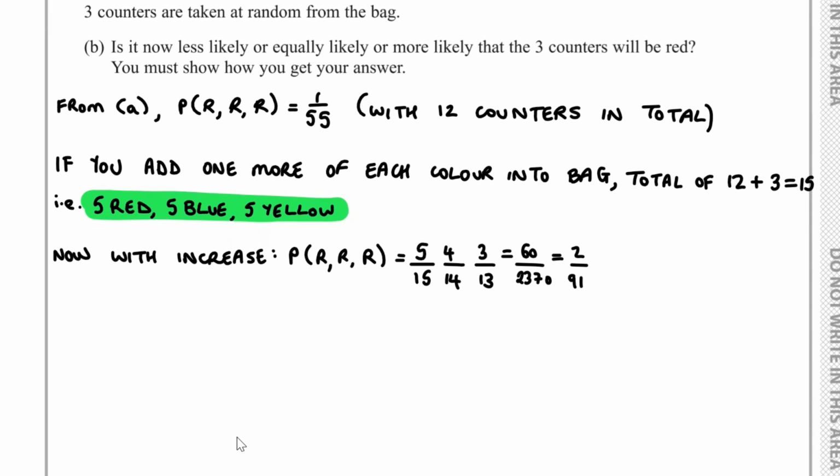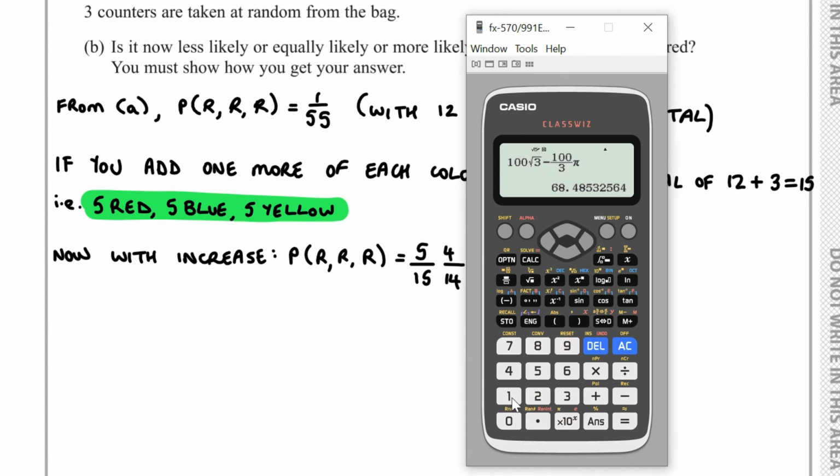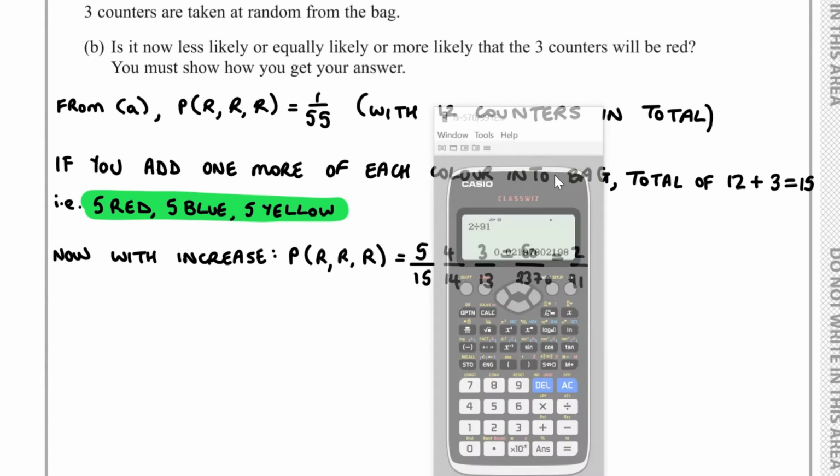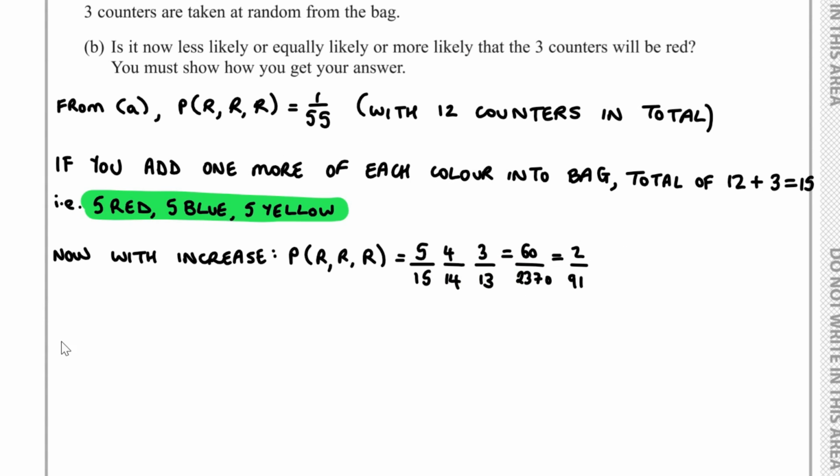And what you can see over here, if we work out what 1 over 55 is as a decimal, that's 0.018, etc. And 2 over 91, that's 0.02, etc. So obviously this value over here is larger than this one.